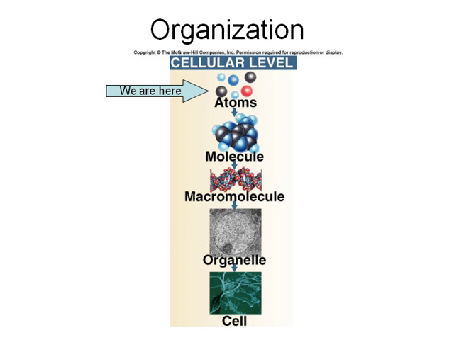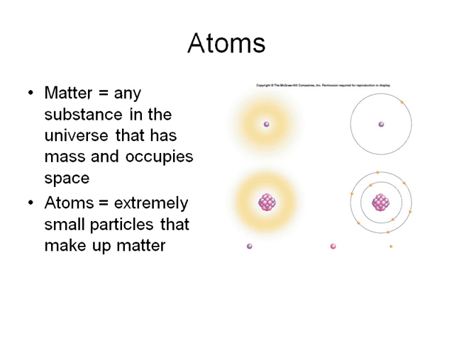So for today, we're down here on the atomic level. That's where we are going to talk about chemistry. We will get as far as macromolecules in the two chemistry lectures. So for the next two lectures, we're only talking about these first three levels. Today, again, we're on the very bottom with atoms. So the definition of an atom is an extremely small particle that's made up of matter.